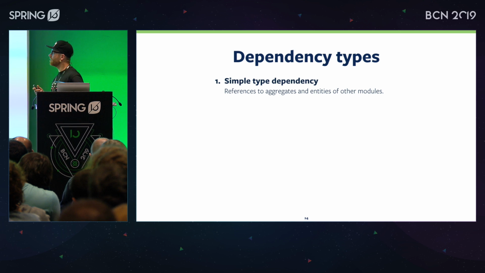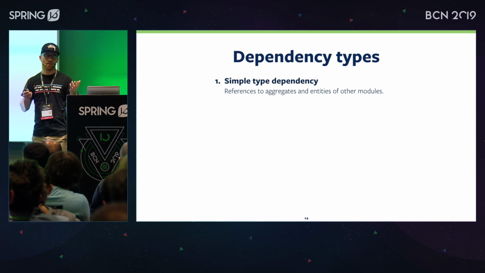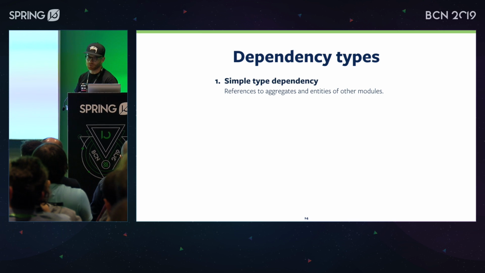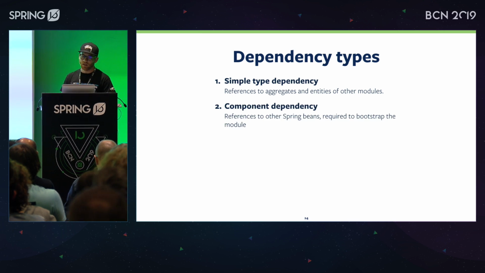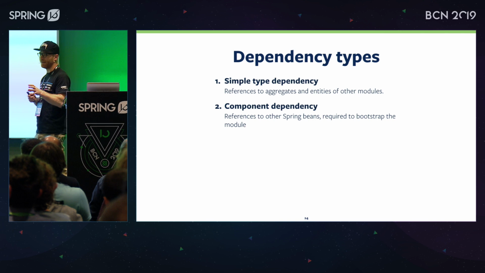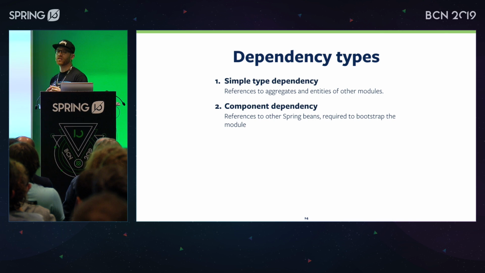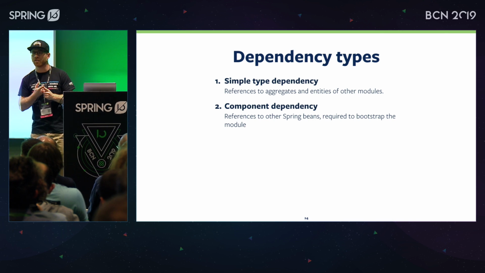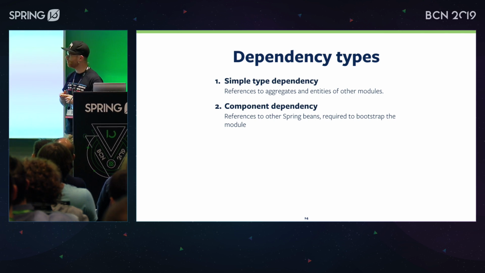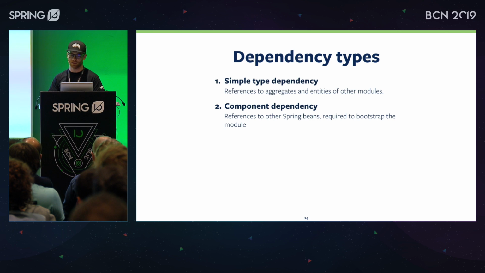So simple type dependencies is just like, as I said, inventory item to product, for example. Then there's component dependencies, so we analyze Spring beans declared in the modules for constructor parameters, yes, even for field injection, although that's of course also rejected when you turn on the verification, which is enabled by default.